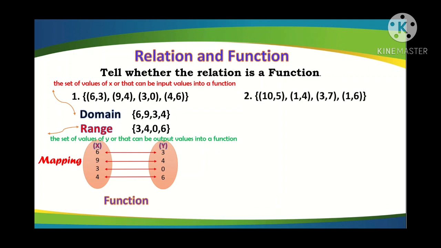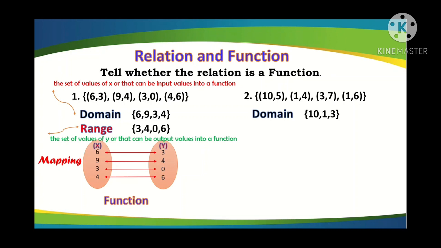Let's have another one. So the ordered pairs are (10, 5), (1, 4), (3, 7), and (1, 6). Let us find the domain. We have 10, 1, and 3, and we also have 1.